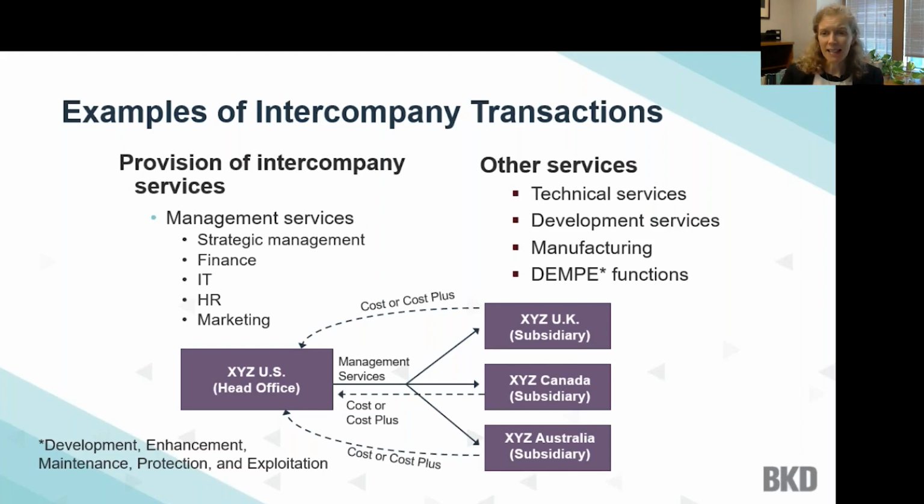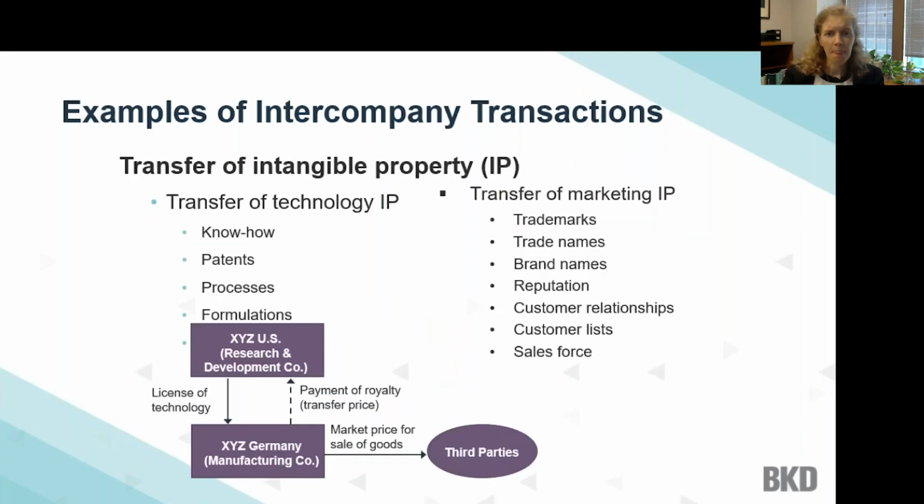So basically any type of services that is being provided from one entity to another would classify as a type of intercompany transaction needing a transfer price. The last example I want to give about an intercompany transaction is IP, because going back to what I just said about DEMPI functions, development, enhancement, maintenance, protection, and exploitation, IP is very important.